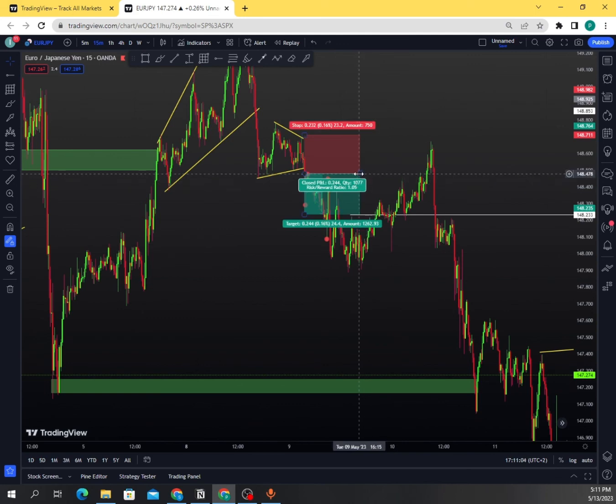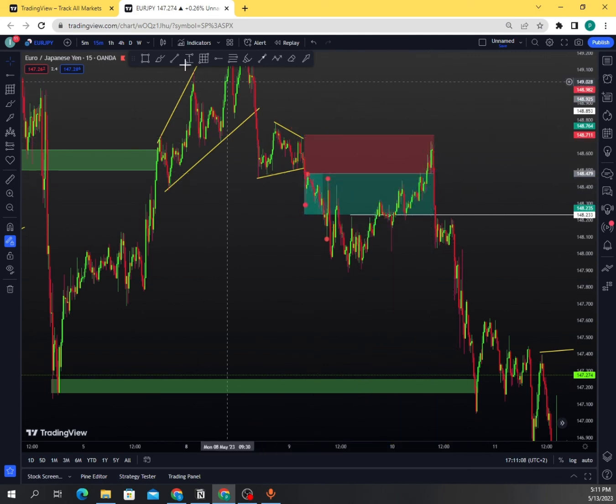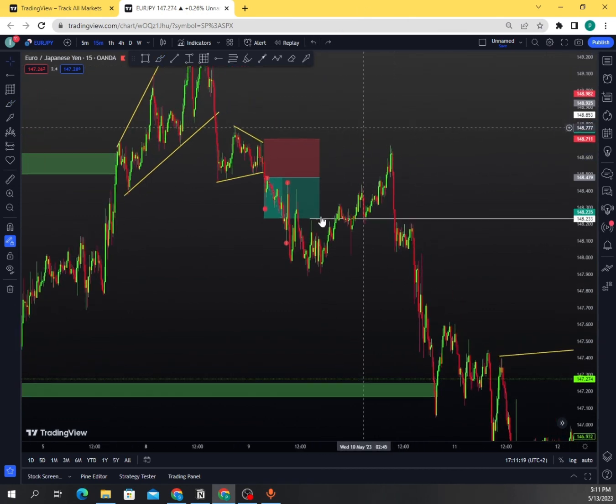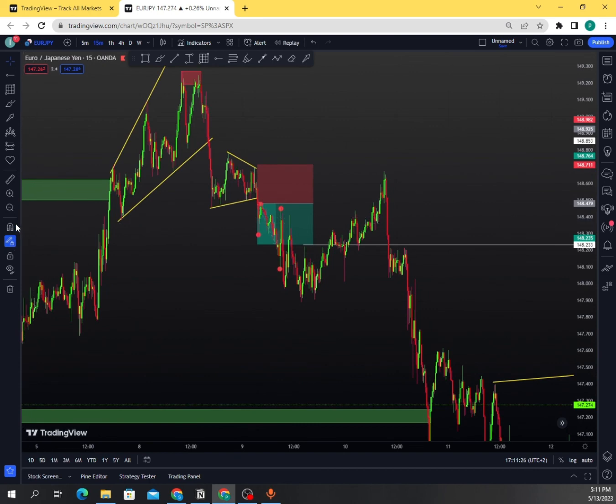If you can see, price reversed back to take me out here. So if I didn't lock maximum profit, I would have ended up with a negative trade. So it is important, guys, to always lock some profits when price is moving in your favor.